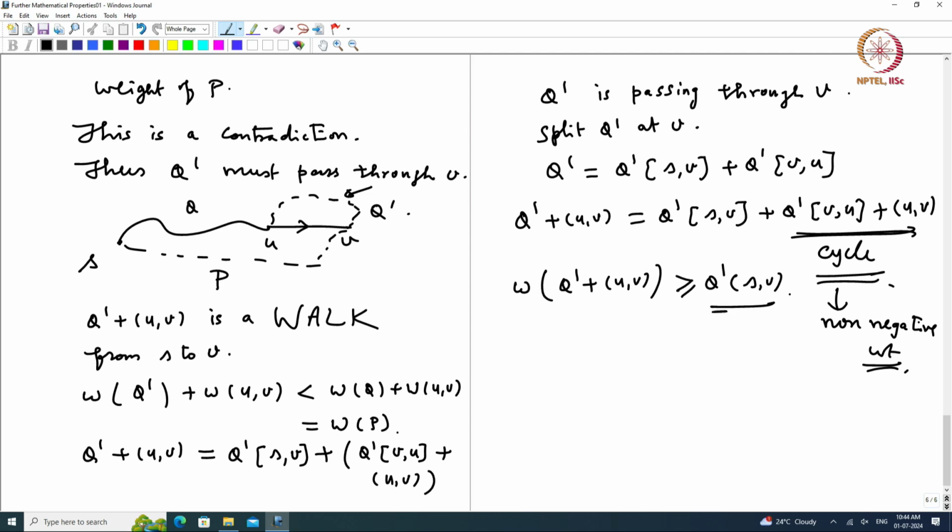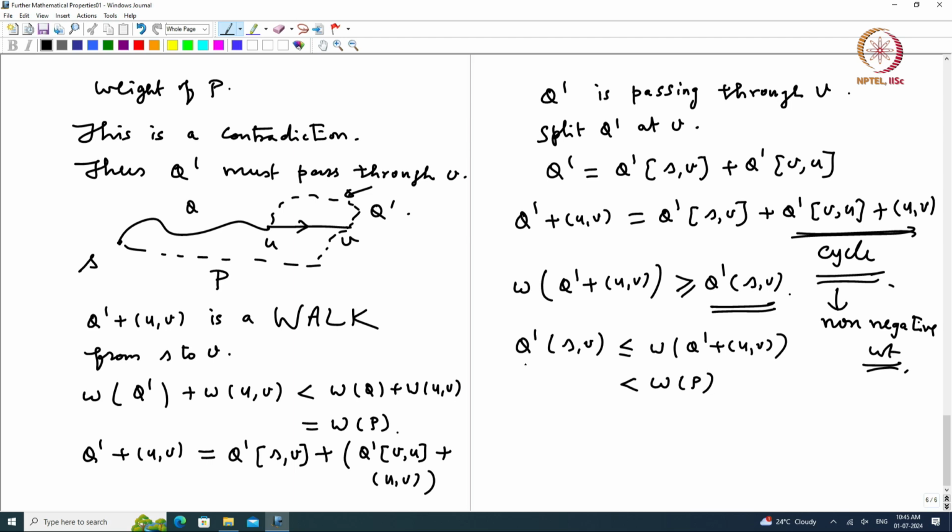This is a path from s to v, right. This is the path from s to v. Therefore, q dash s v is less than or equal to w q dash plus u v, which is less than w p.